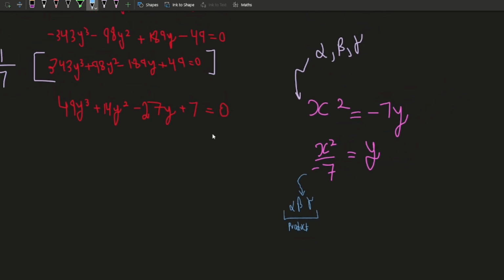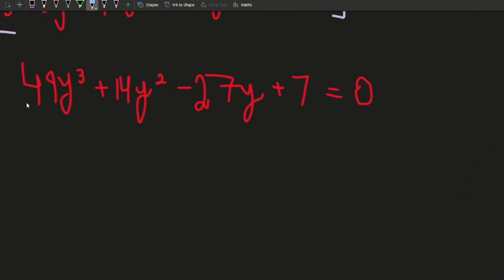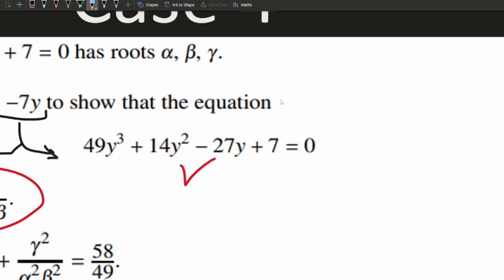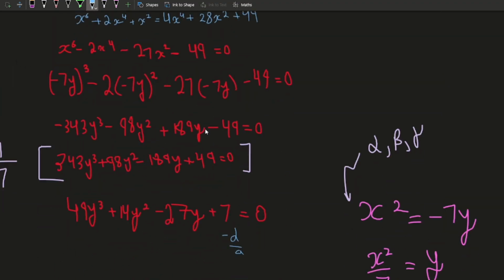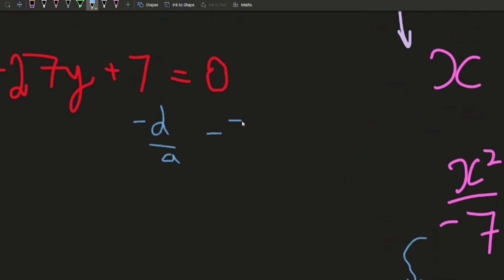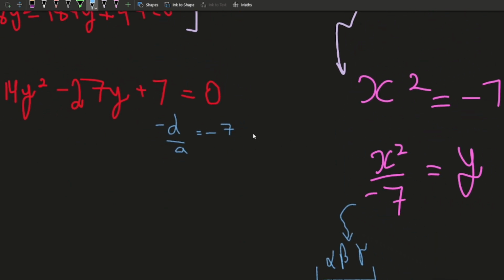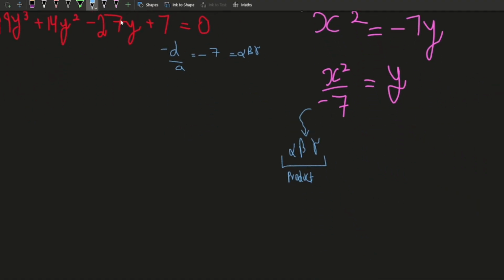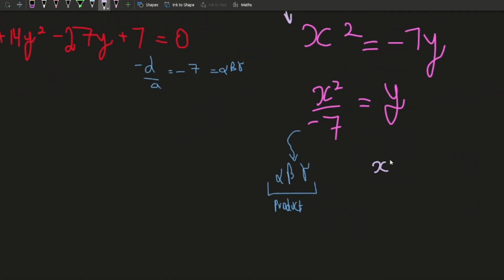How? Because as you guys see, the product of roots is minus d over a. The value of a is 1 and d is 7, so this would be minus 7, which is equals to product of roots. So can we write our equation like this? X square divided by product of roots alpha, beta, gamma. Right?